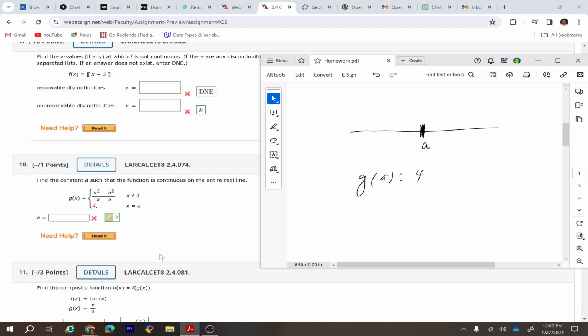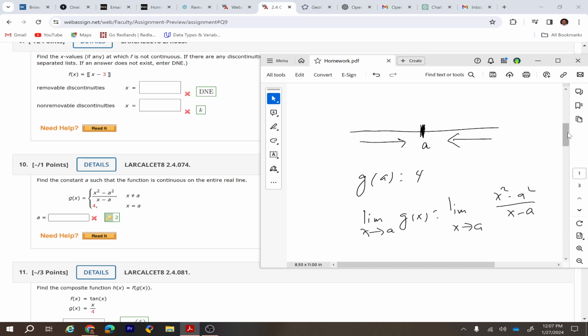Since this is continuous at a, what is the value of the function at a? It's 4. That's supposed to be equal to the limit of the function when you approach either from the left or from the right. For that, you can use the first part for finding the limit. What is the limit of this function when x approaches a? It can be calculated by using the expression on the top. Remember, this top expression is for when x is not equal to a.